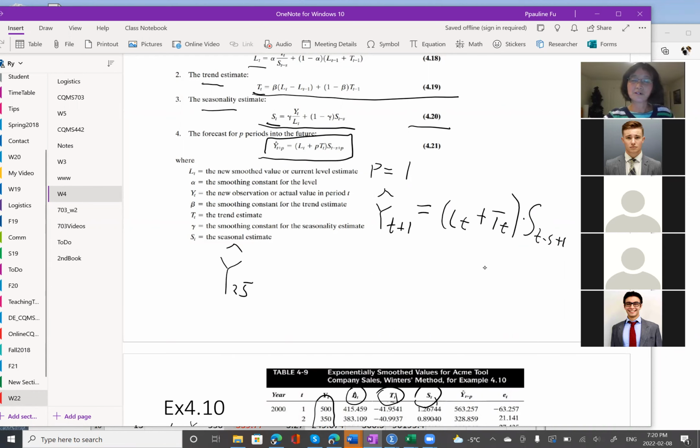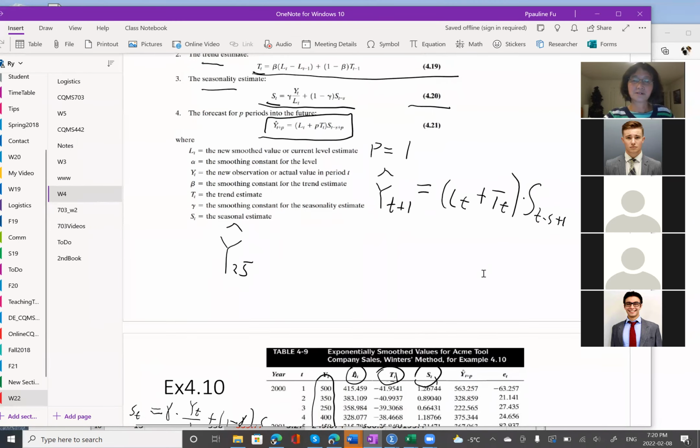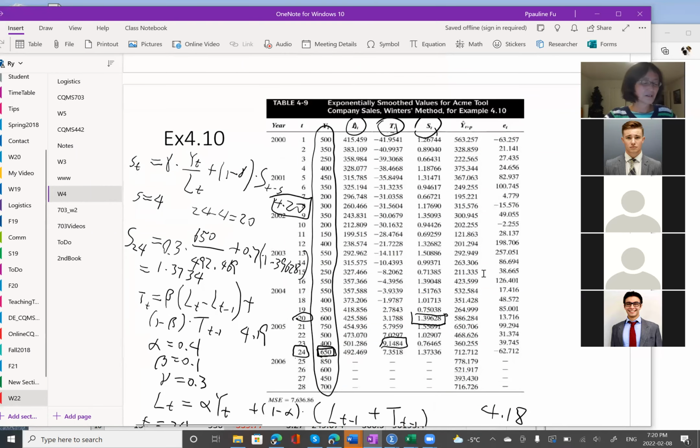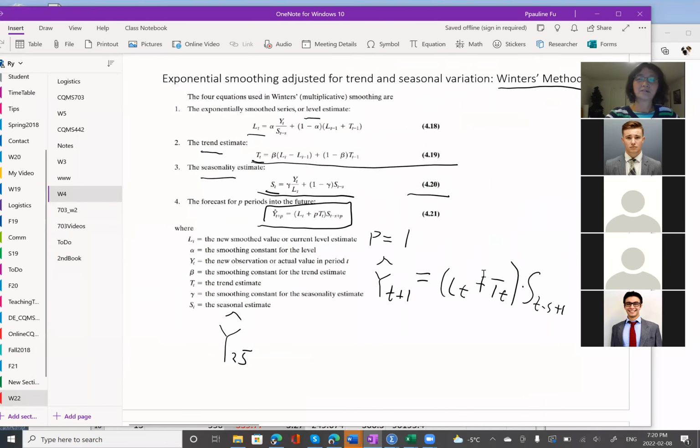Professor, I have a question. Sure. When you did the level estimate for L24, you used 4.18, the formula, right? The L is 4.18, correct. But isn't the formula alpha times YT over S T minus S?